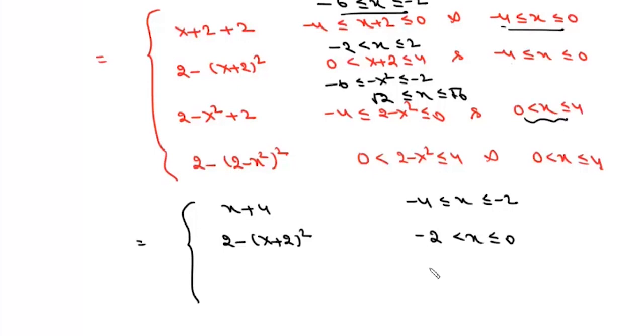So here this condition is the value of x should lie between √2 and √6. Now in this interval, value of f(x) is 4 minus x square.